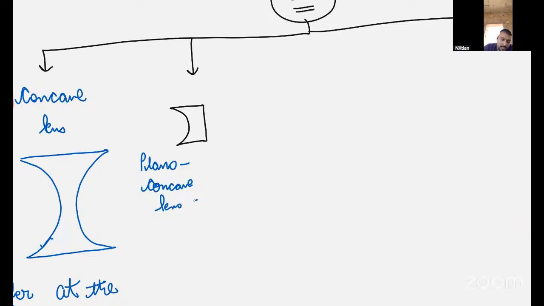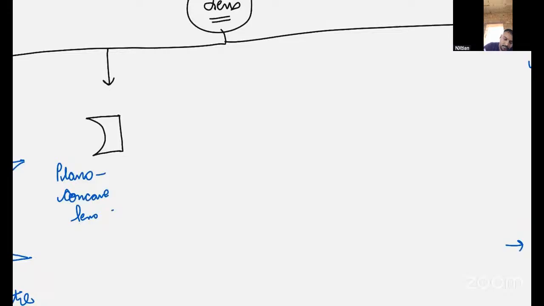Okay. Another type is one side of this is concave, and the other side is convex. I'm repeating again, please pay attention.